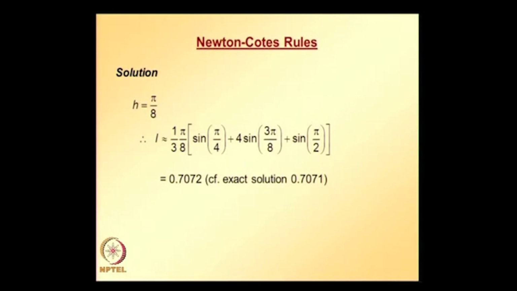So now let us look at what is the associated error with each of these 3 Newton Cotes rules, that is rectangle rule, trapezium rule and Simpson's rule. To do that, let us consider a Taylor series expansion of f(x) about the lower limit of integration x1.